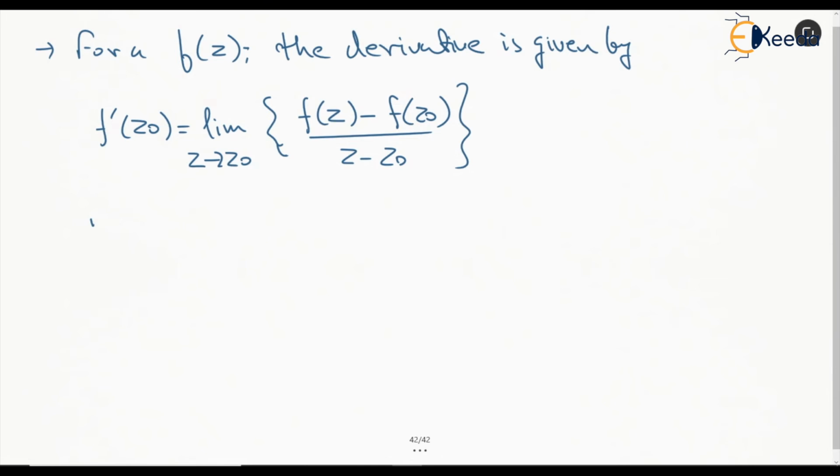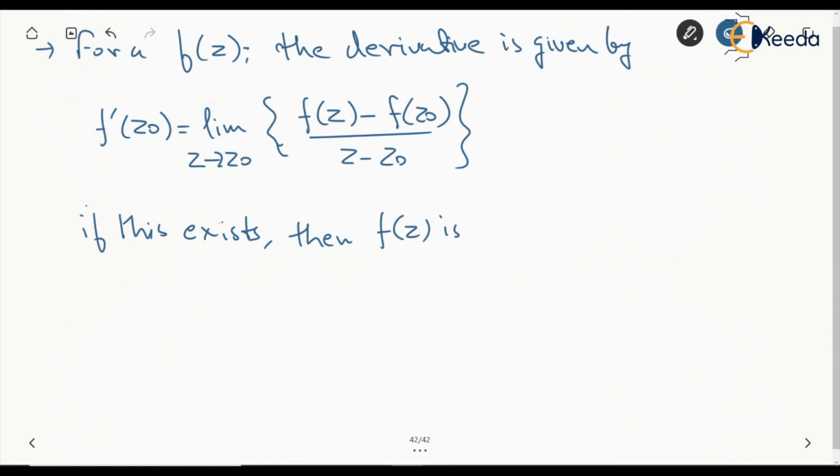And if this limit exists, then f of z is differentiable at z equal to z naught, right?